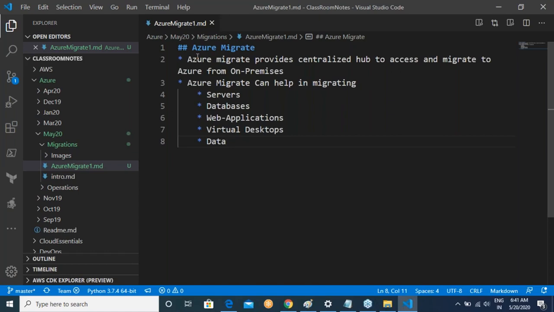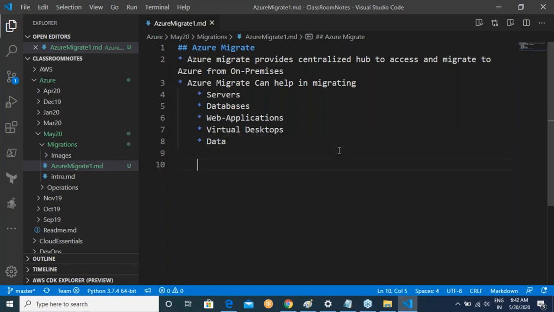Microsoft also has a collection of documents especially for guiding into Azure.